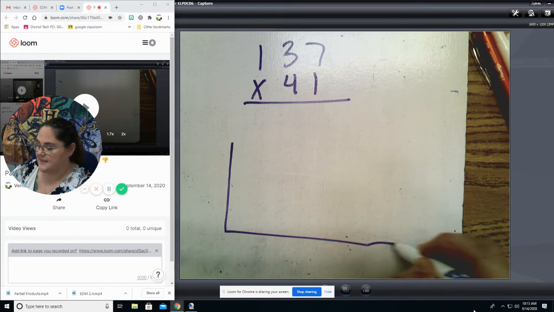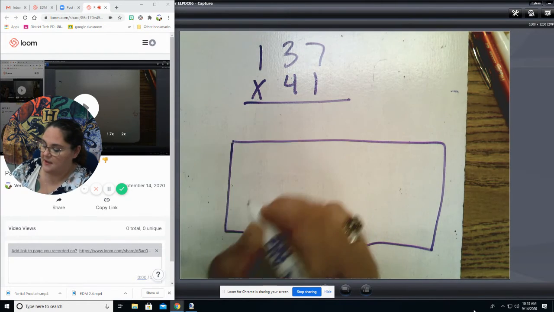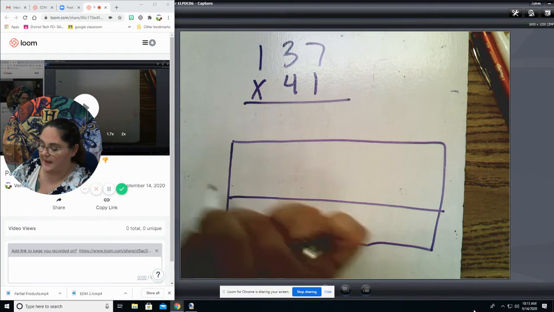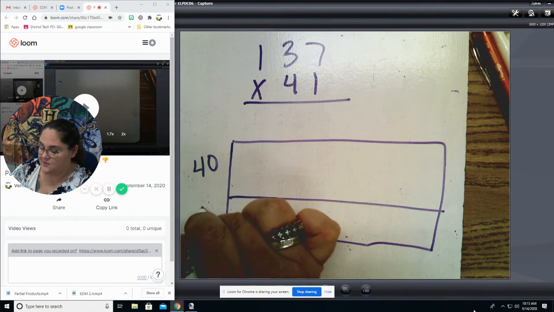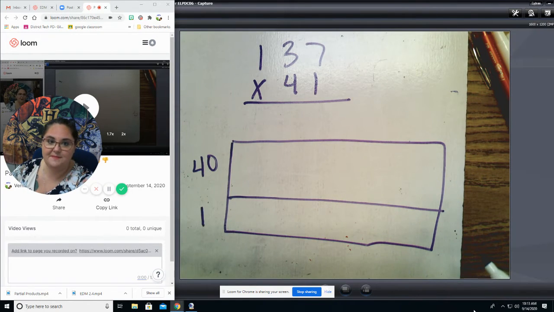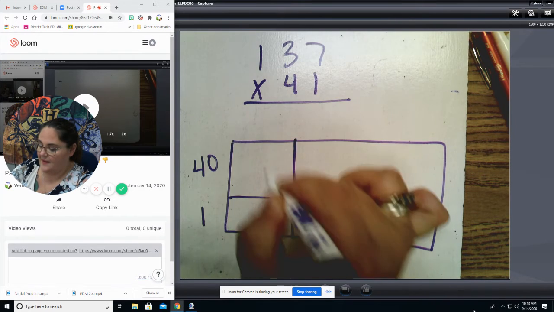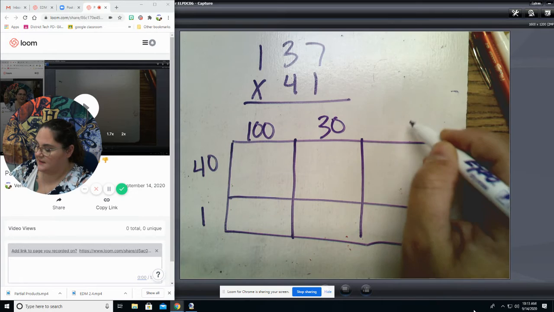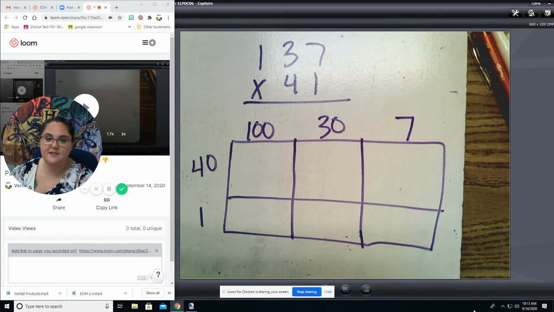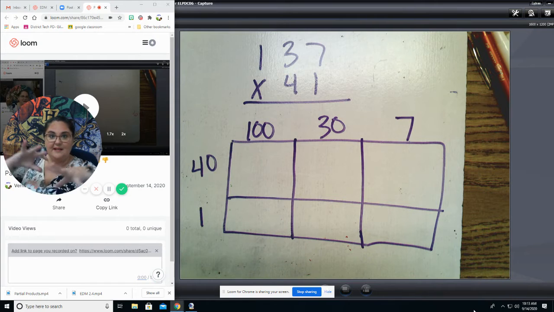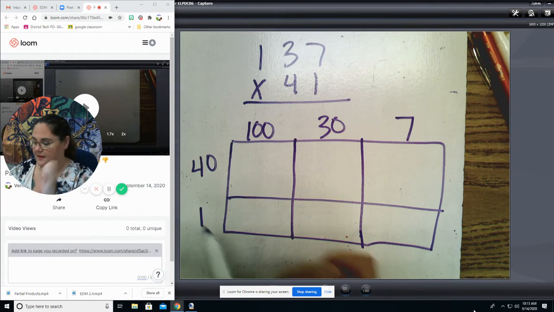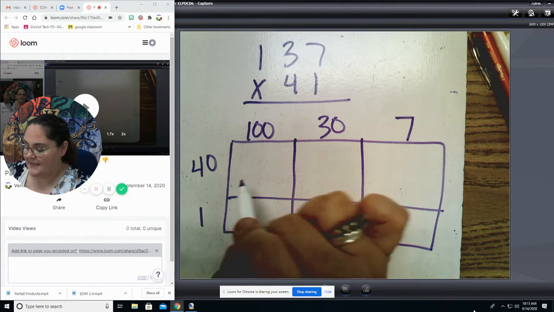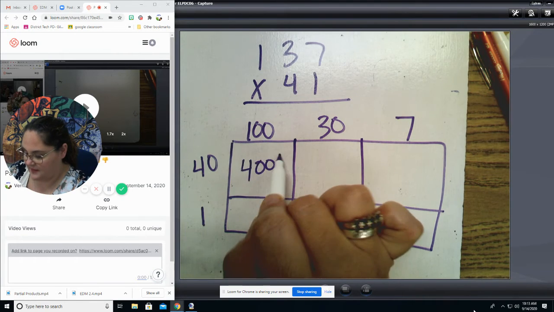All right, I'm going to separate my box. First one I'm going to separate is going this way. I know that 40 plus 1 is 41. And then I have 137. This is where that expanded form helps you out. I did take 137, expand it out, and I multiply that way. 40 times 100 is 4,000.